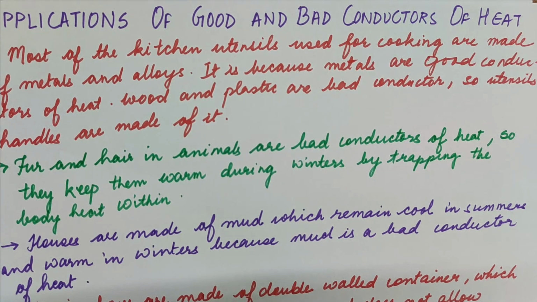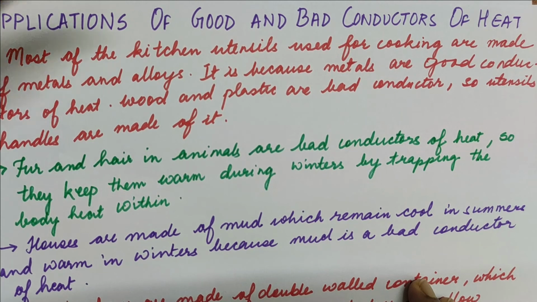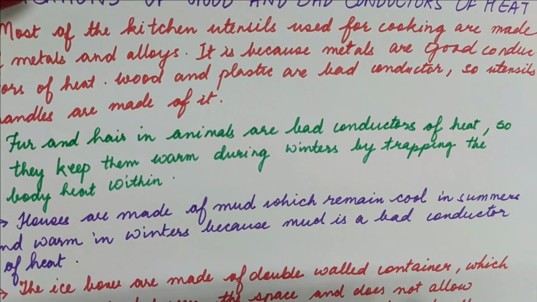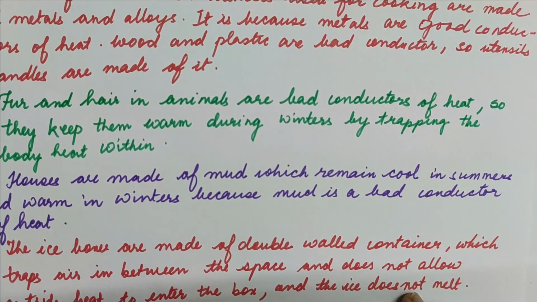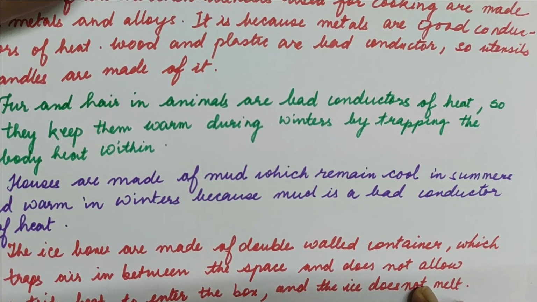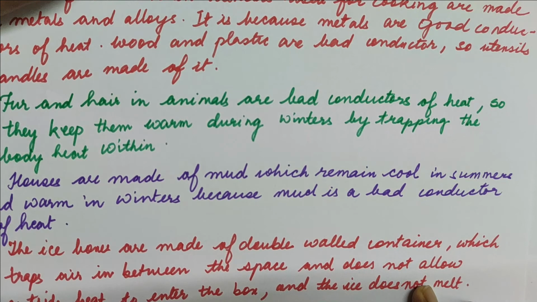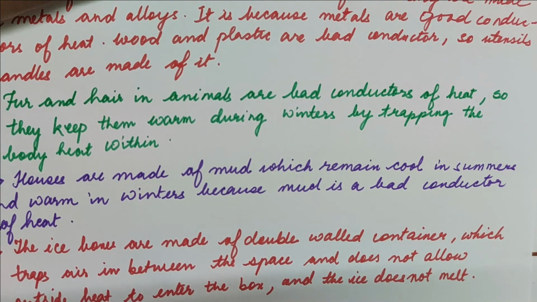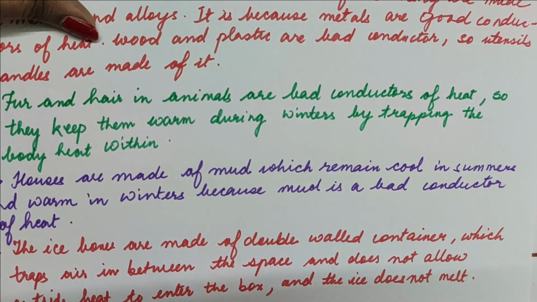Fur and hair in the animals are also bad conductors of heat. So they keep themselves warm during the winters by trapping heat within them. And also you might have seen people making houses of mud. This mud house remains cold in summers and warm in winter, because mud is also a bad conductor of heat.